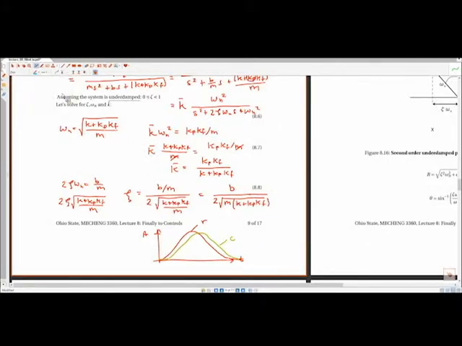So the error signal is going to be positive up until here. So it's going to go like this, be about the same. That's going to dip below.